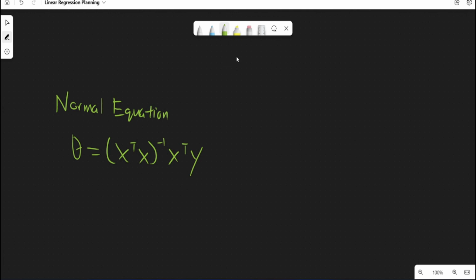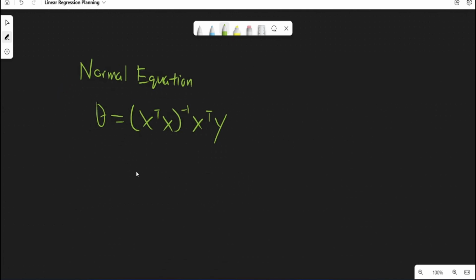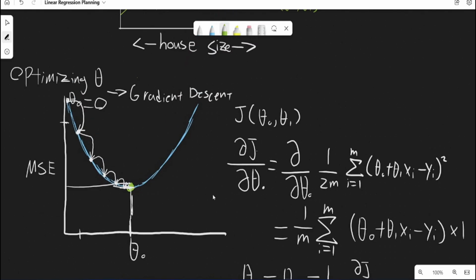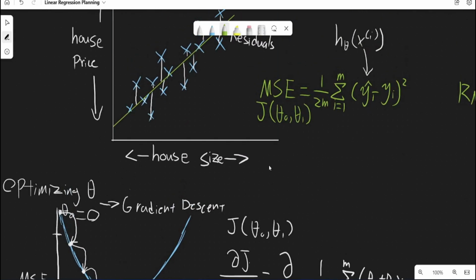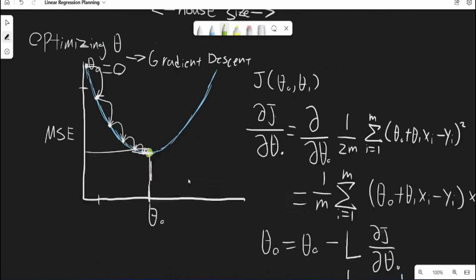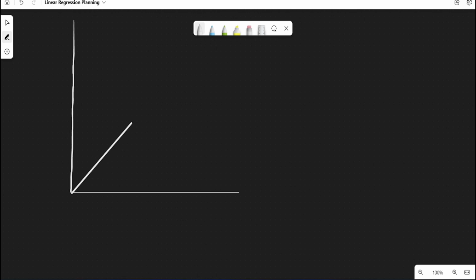So now, I only showed you how we can solve for simple linear regression, where we only have one feature. So what if we have two features, for example? Then we run into something called multiple linear regression. Let me write that down. For multiple linear regression, we use a 3D plane instead.